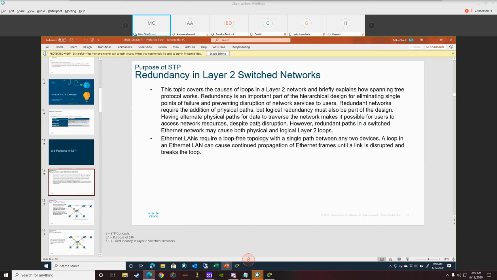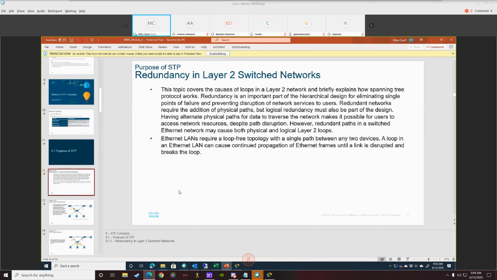We always update and improve on the standard. But the main thing is to understand the main concept: why we need STP, to prevent the loop, to build redundancy. Because if I cannot prevent the loop, I cannot make redundancy. I cannot have another leg.